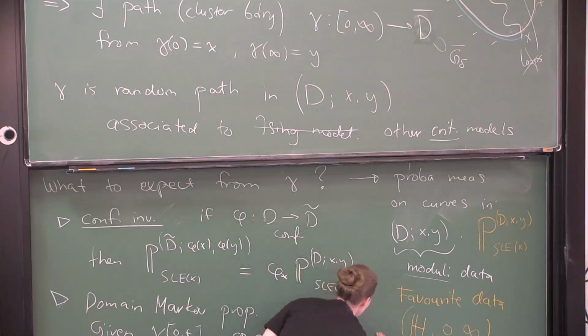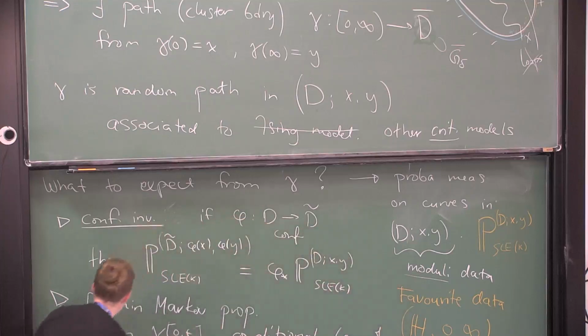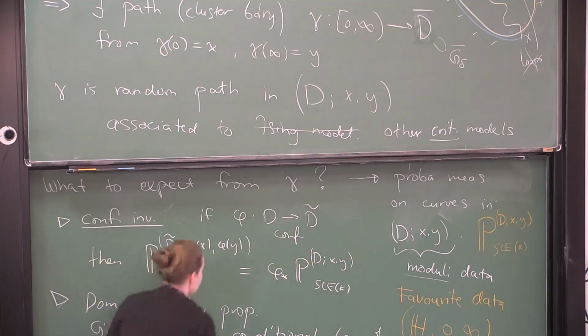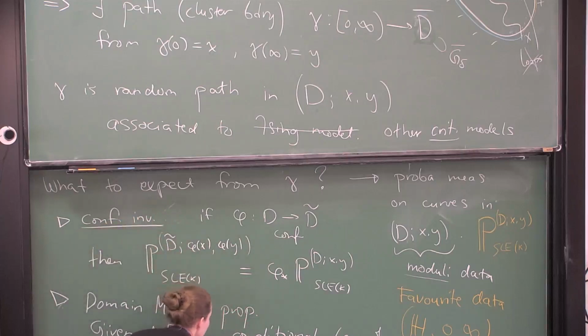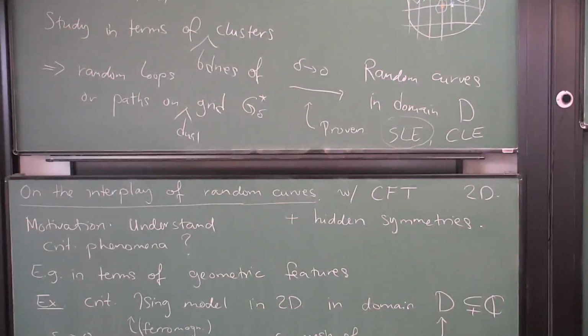The conditional law of gamma after time t is, in my notation, P of the domain minus this colored part. I will draw it, so don't break this line.